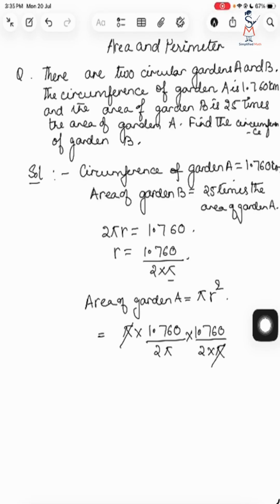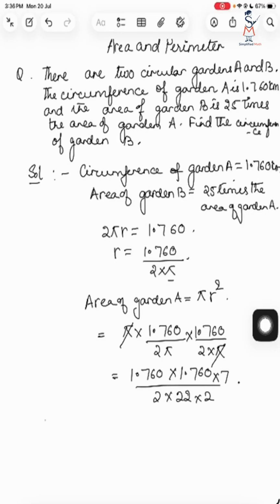This pi and this pi will get cancelled. So this will be 1.760 into 1.760 by 2 into 22, 7 goes up and 2 at the bottom.